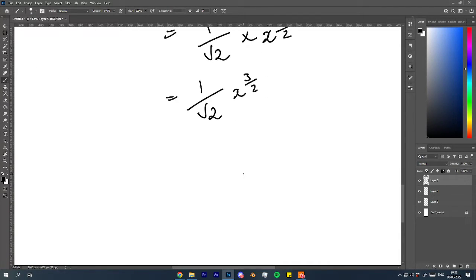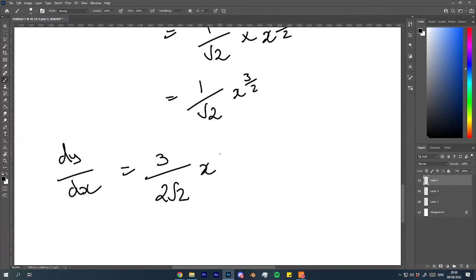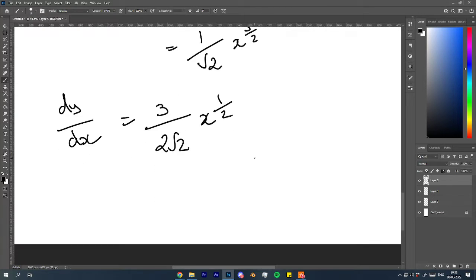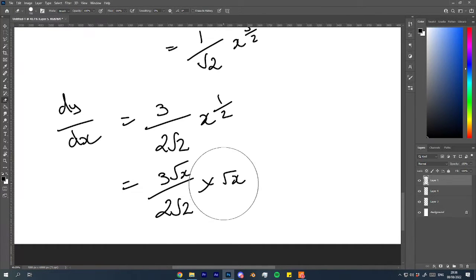Now I'm going to differentiate. 3/2 times by 1/√2 becomes 3/2√2, and then I'm going to subtract 1 from our index, like that. And this is the same thing as this times by root of x, so this becomes that. And that'll be our answer for that one. That one's a bit more tricky, but I hope everyone's okay with that.